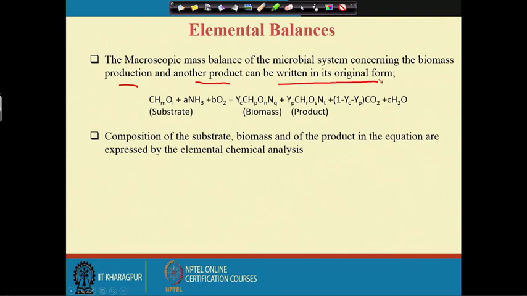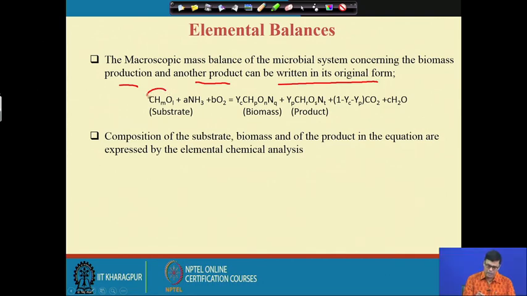So, commonly, how can we write this equation? This is the empirical formula of the substrate, CHmOl. This is the substrate. When you talk about biomass, we require some kind of nitrogen source, and usually we supply nitrogen in the form of ammonia, so we can consider a mole of ammonia that is required.